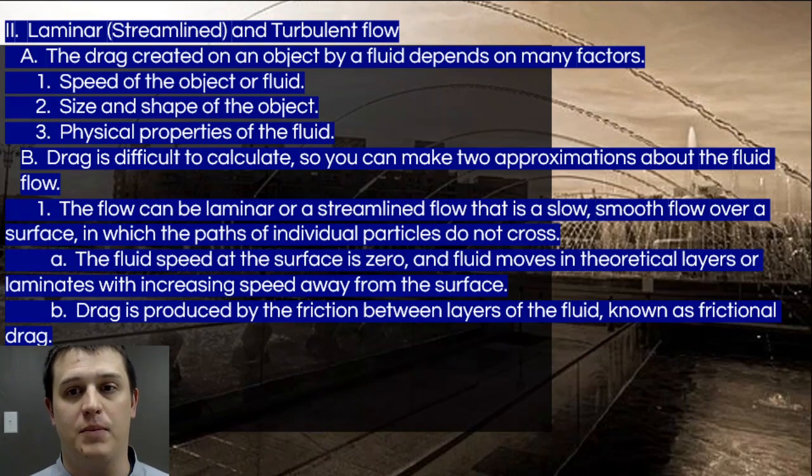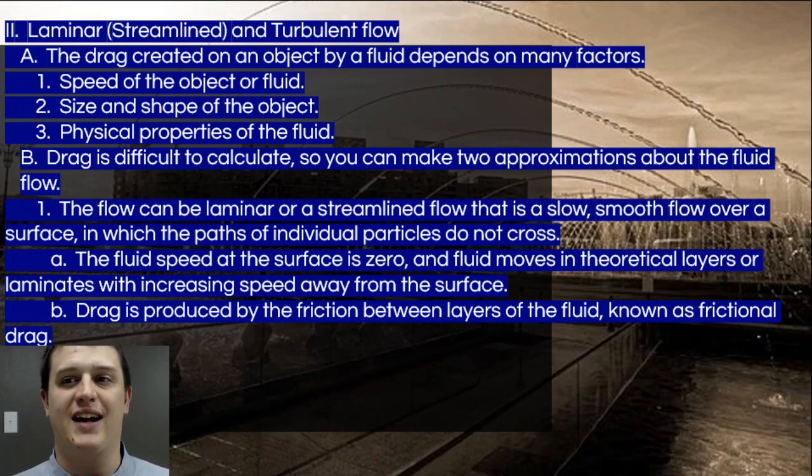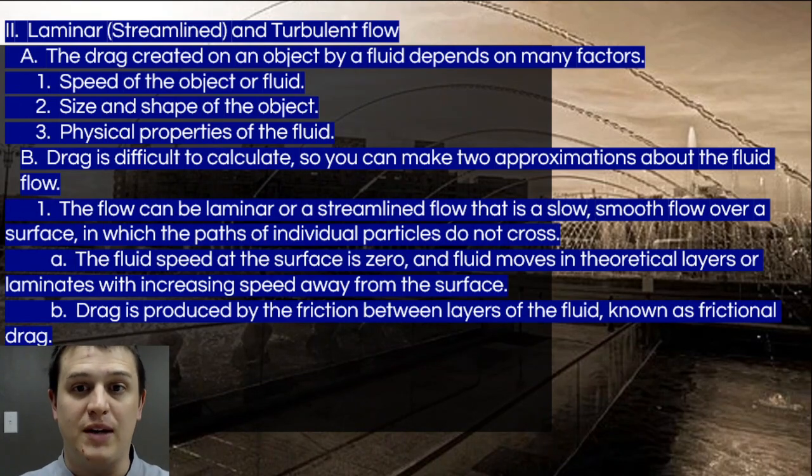If it's a really large object or very flat, it's going to create more drag. That's why a boat or an airplane is very cylindrically shaped, because it has more streamlined or aerodynamic properties. Physical properties of the fluid: is it viscous? Is it dense? Different things like that.